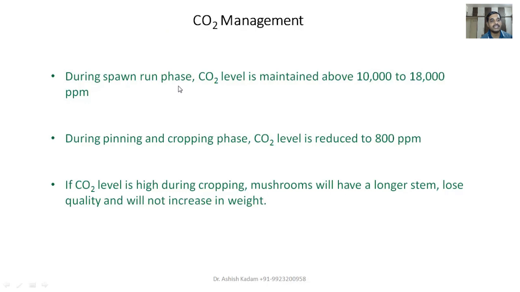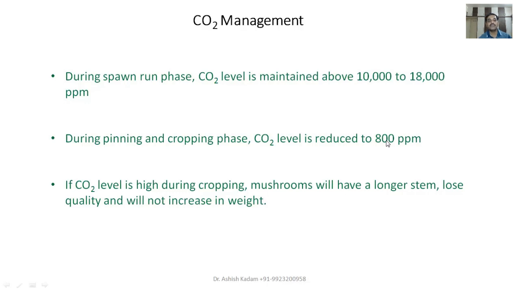During the spawn run phase, the CO2 level is maintained at 10,000 to 18,000 ppm. During the pinning and cropping phase, we have to maintain the CO2 level around 800 ppm, meaning we are reducing the CO2 level from the spawn run phase by introducing ventilated fresh air from outside through the air handling unit. So we are opening the fresh air damper.